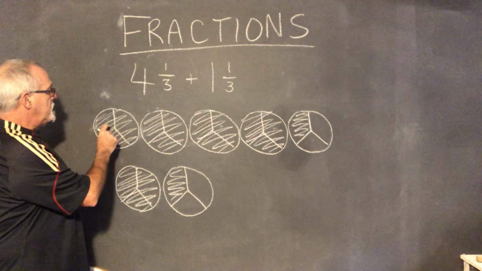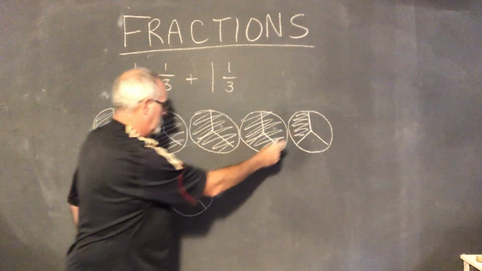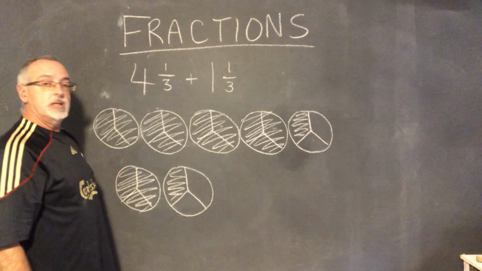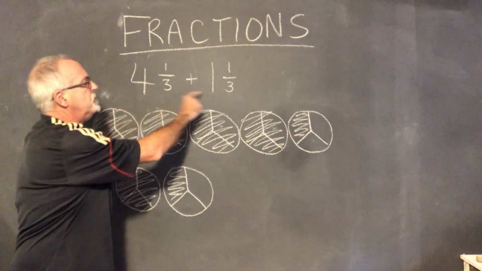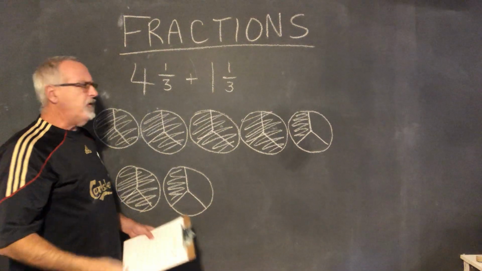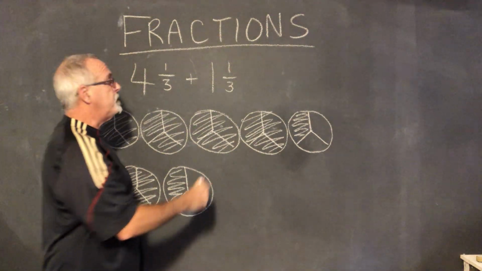We have 1, 2, 3, 4, 5, 6, 7, 8, 9, 10, 11, 12, 13, 14, 15, 16, 17. Well, we have 17 slices of pizza. But how do I do this with the numbers? And do I want to say how many slices I have? I want to give my answer in the form of a fraction. Does that mean I have 17 thirds? Well, I guess we'll find out.